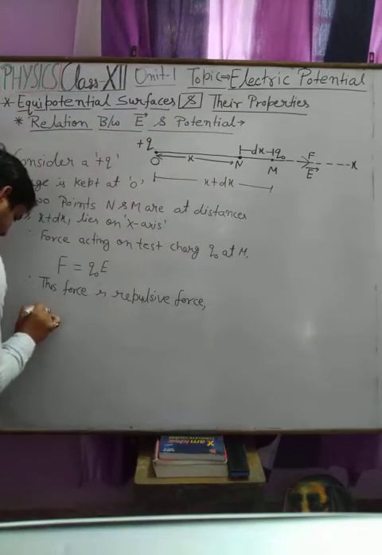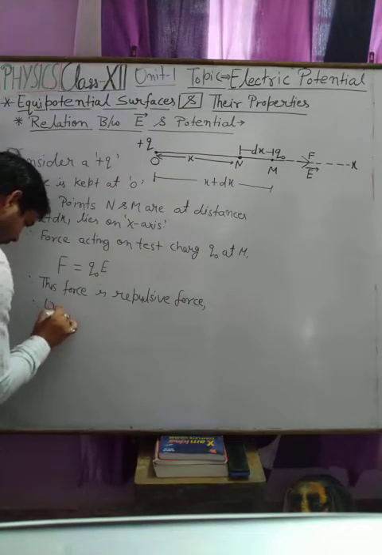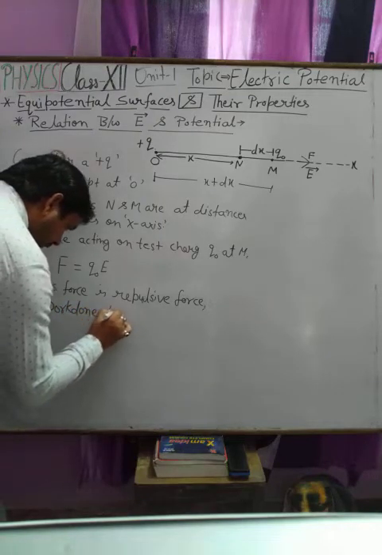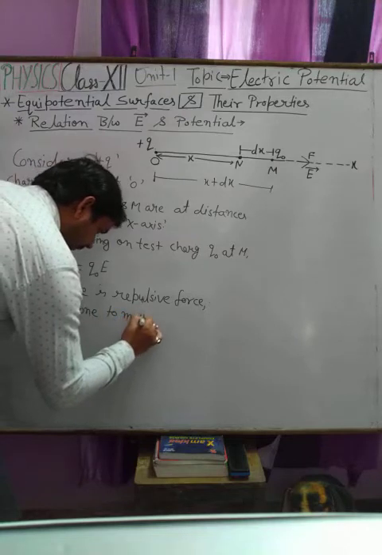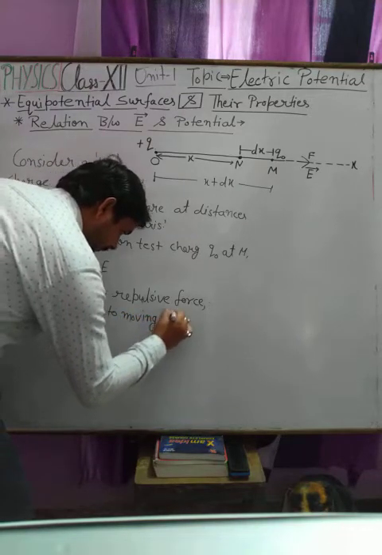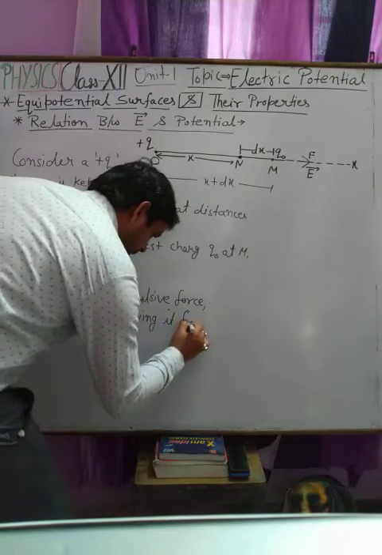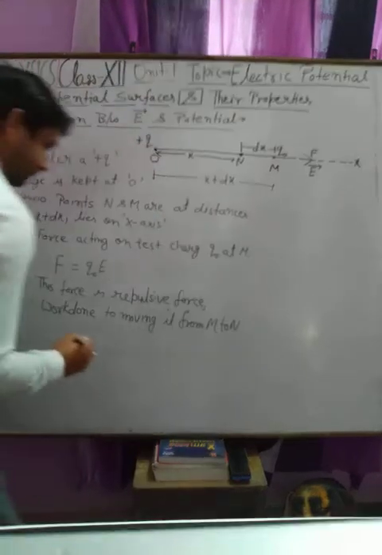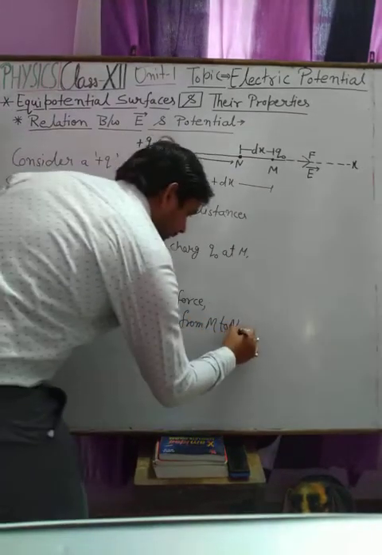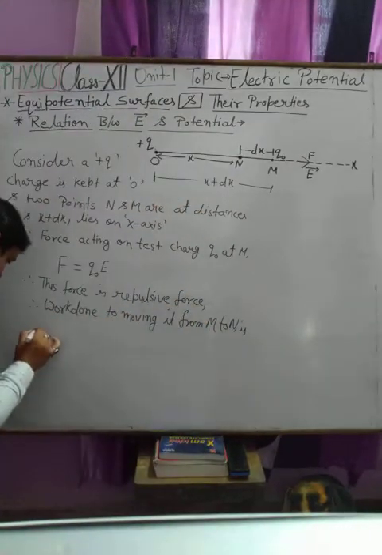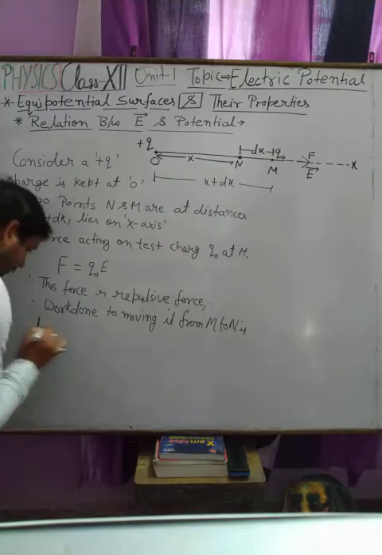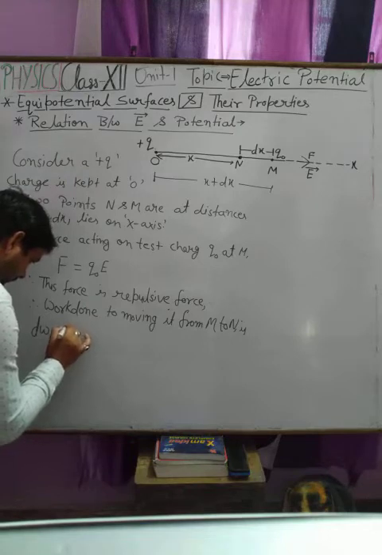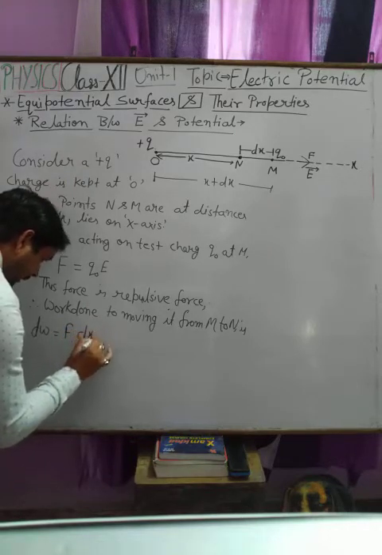Therefore, the work done to move it from M to N is dW equal to F into dx.